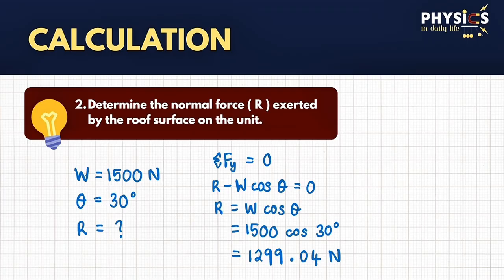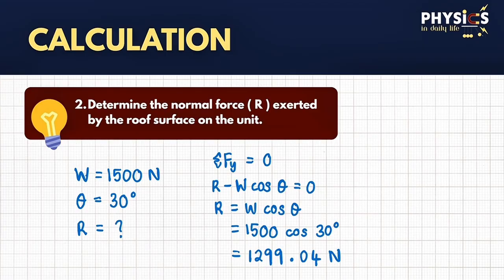Applying our second equilibrium condition, where total F perpendicular equals 0, our equation becomes R minus W cos theta equals 0. Just like before, we isolate R by shifting the weight component over, then we get R equals W cos theta. Now, substituting our known values, we get R equals 1299.04 Newton.